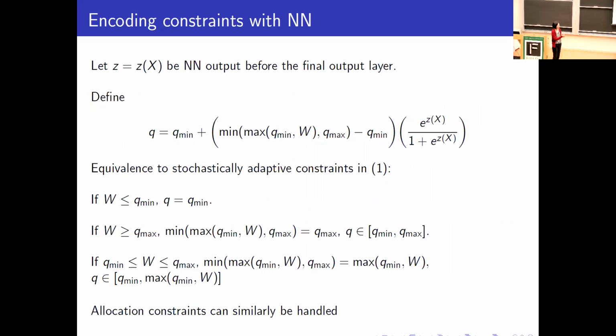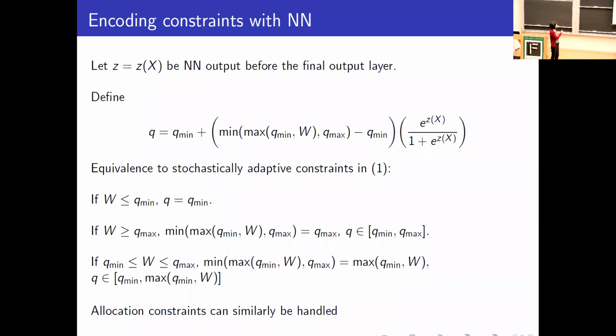All right, let me describe how I'm going to deal with the constraint. The complex interval constraint I have imposed here can simply be encoded by a special function at the output layer.